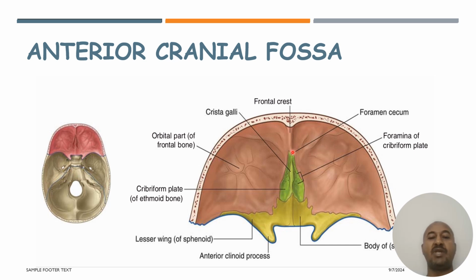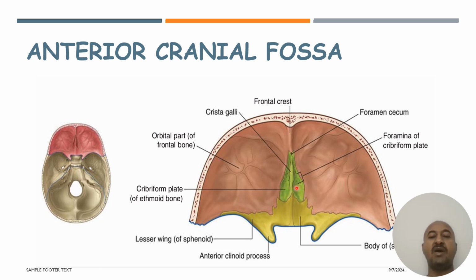Posterior to it we have a foramen here, and this foramen is called the foramen cecum. The foramen cecum provides venous communication between the mucosa of the nose and the superior sagittal sinus. Then in the back here we have the crista galli in the middle, and this crista galli also acts as an attachment for the falx cerebri.